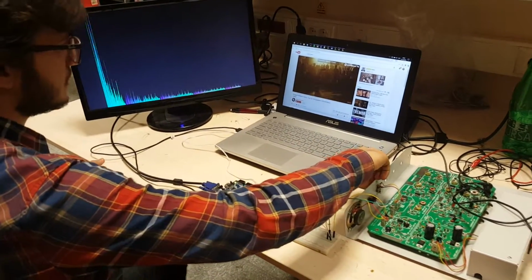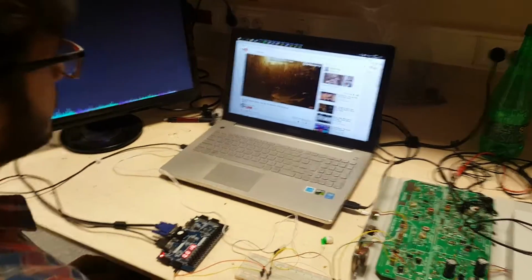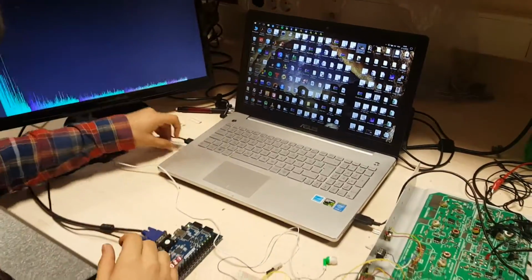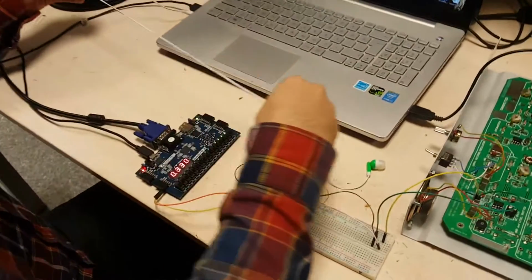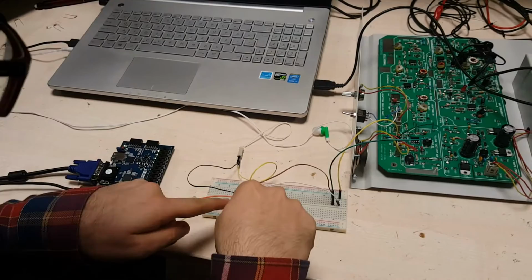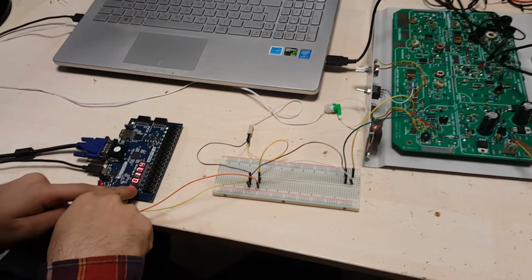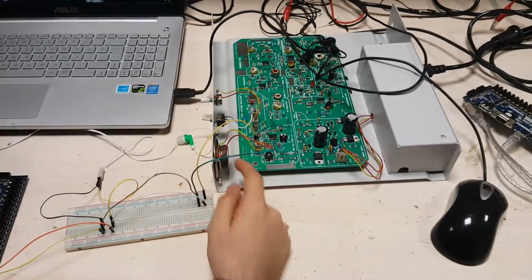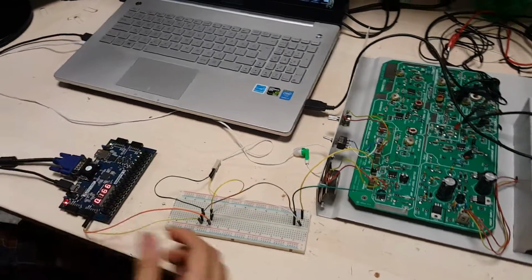Okay, so let me explain what this project does. I get my audio signals from my computer. I split these signals. One branch goes to my Basys 3, and one branch goes to an external speaker to listen to what music plays.